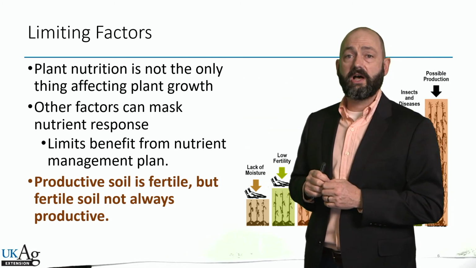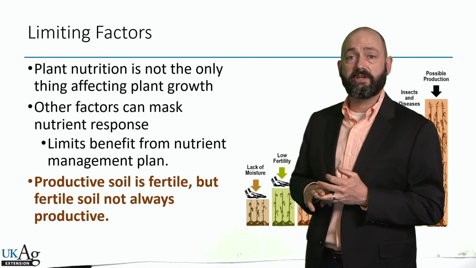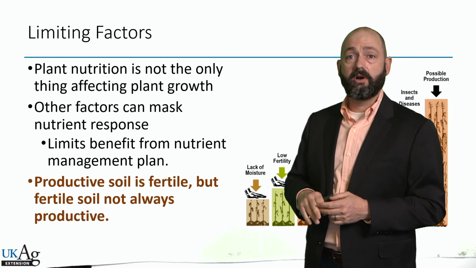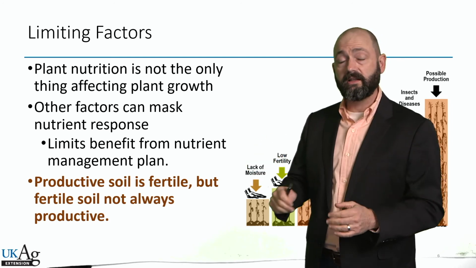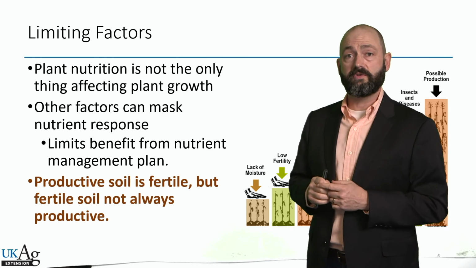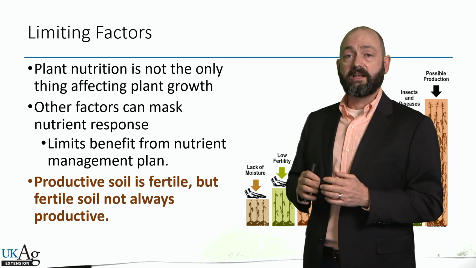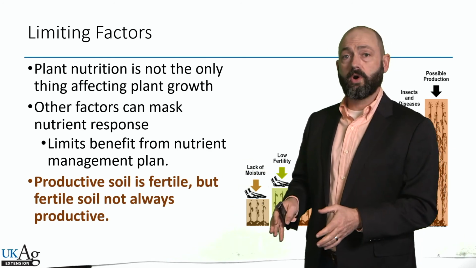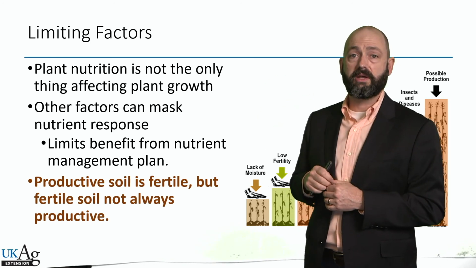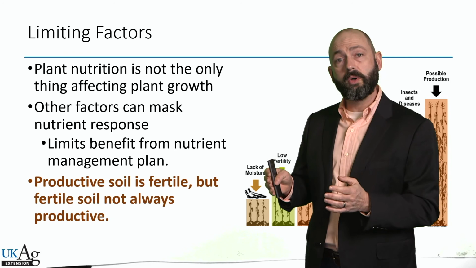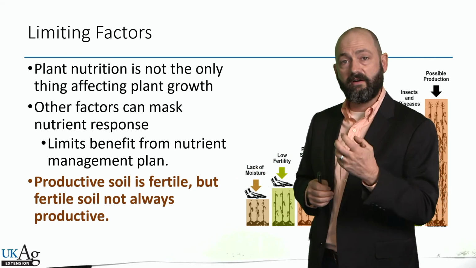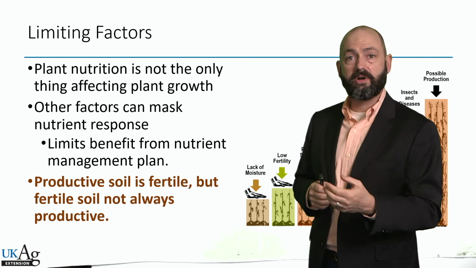And so things like soil structure, soil compaction, moisture, pest pressure, weed pressure, all of these things, sunlight, light interception, they influence total yield and also influence the amount of nutrient needed by the crop. And so we can add all the fertilizer in the world to a soil that's not productive, and we won't reach our max yield potential. And so we need to manage the growing environment so that the plant has access to those nutrients and make that a fertile and productive system.